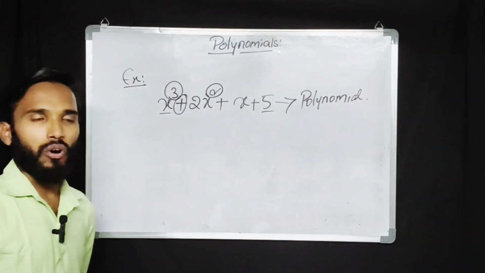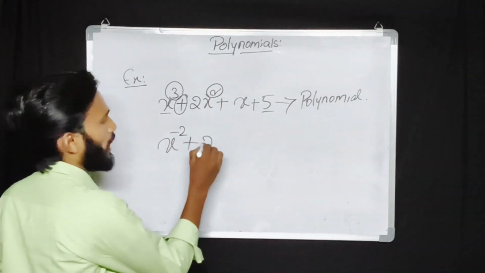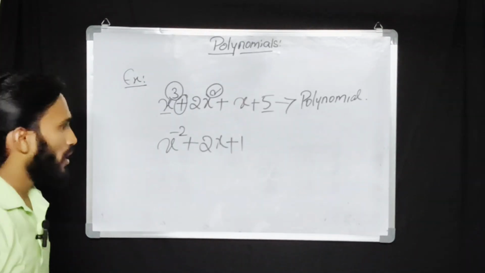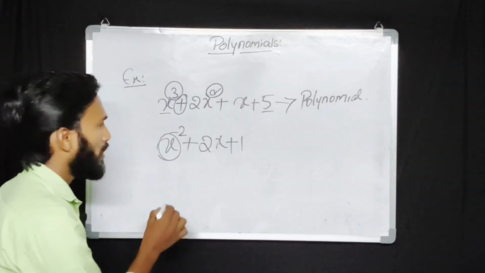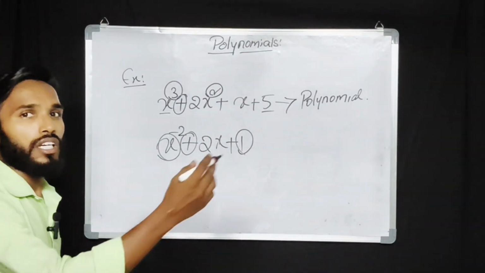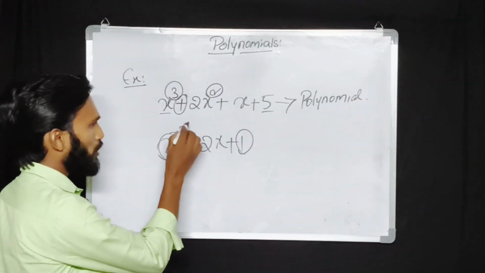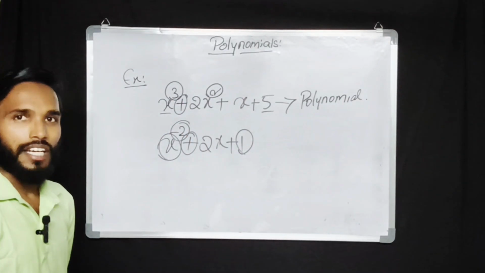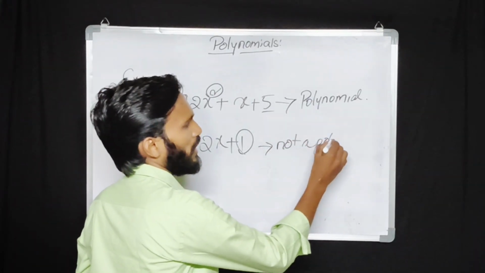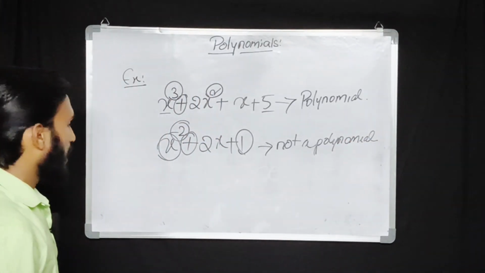That means it is a polynomial. Now tell me, x power minus 2 plus 2x plus 1. Is this a polynomial? Let us see. Variables are here, mathematical operations are here, constants are here, but what is the last criterion of our polynomial? The power should be a whole number. Is minus 2 a whole number? No, it is a negative integer. So this is not a polynomial.